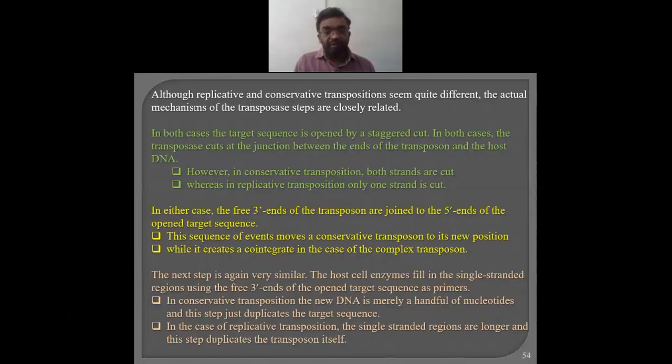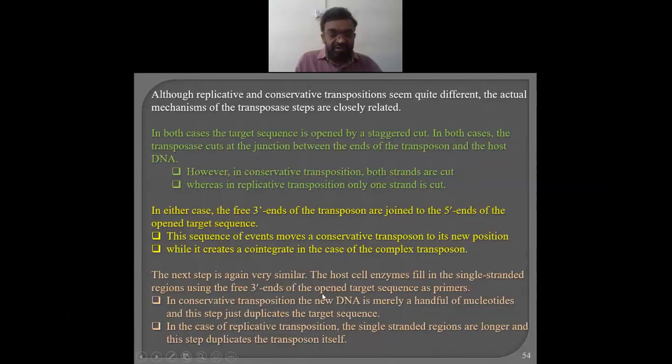The sequence of events in conservative transposition moves the element to the new position, while replicative transposition creates a co-integrate. In conservative transposition, there is no co-integrate formation. Co-integrate means everything is combined, donor molecule and recipient molecule. But in the conservative case, that region is detached, only the transposable element is there, and it gets connected 3 prime to 5 prime, so there is no co-integrate formation.